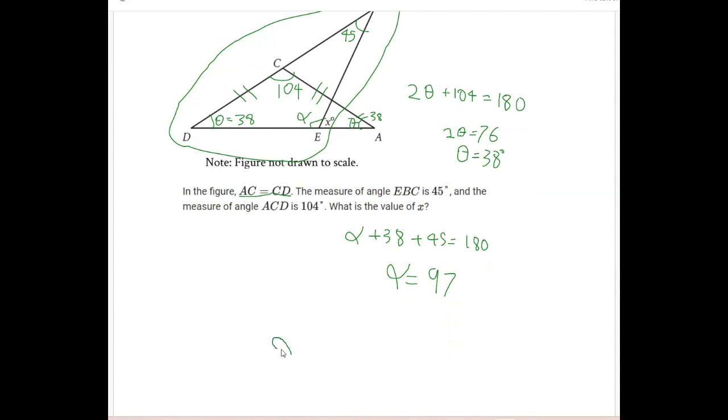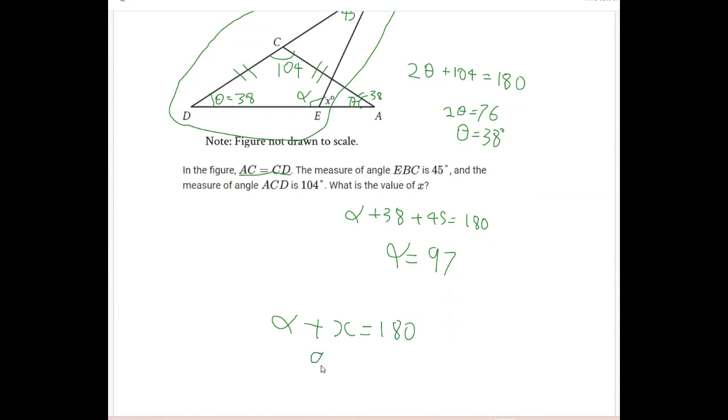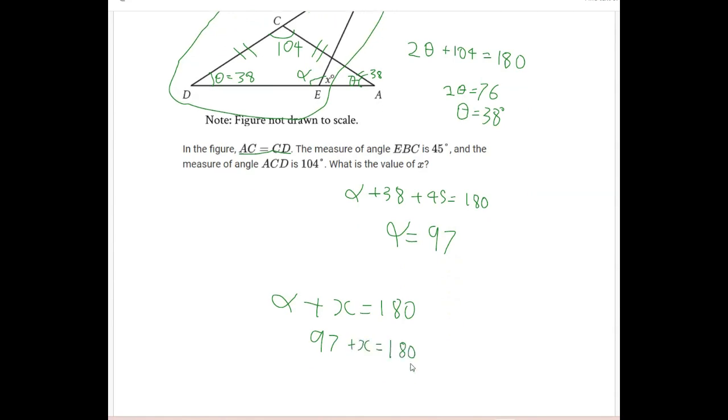Now we know that alpha plus x is equal to 180, right? Now 97 plus x is equal to 180. We can determine that x is equal to 83. So 83 is the correct answer.